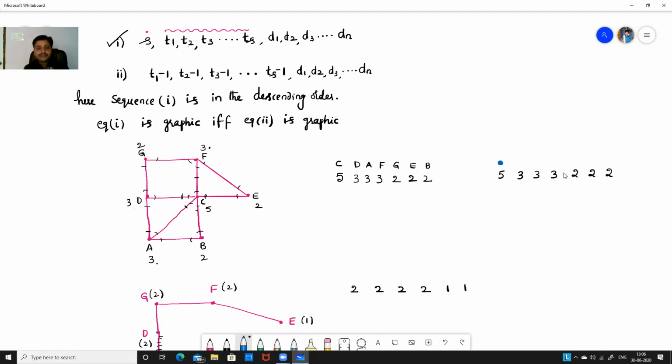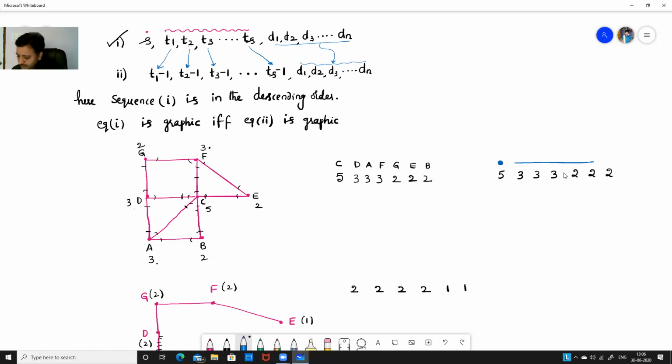So we have to consider the degrees of the first 5 vertices, like this. After considering those vertices, what do we have to do? See here, T1 minus 1, T2 minus 1, T3 minus 1, and so on up to TS minus 1. The rest of the vertex degrees are written as they are.